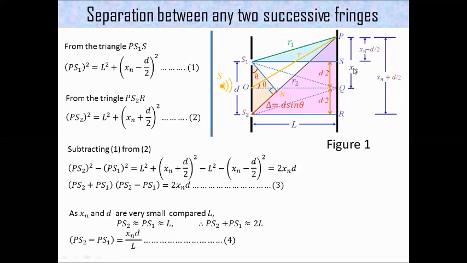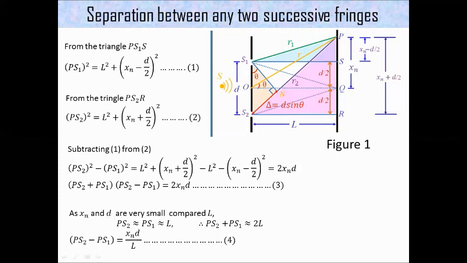The distances xn and d are very small compared to L. That is, L is much greater than xn and d.